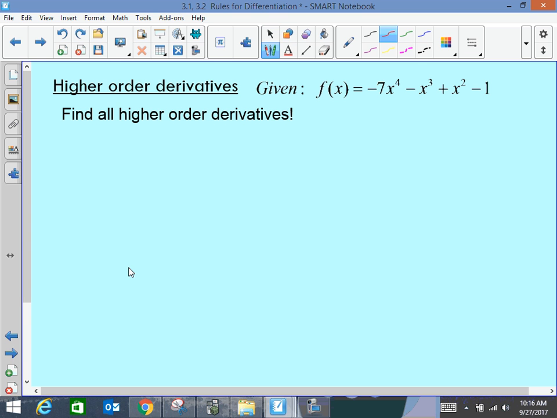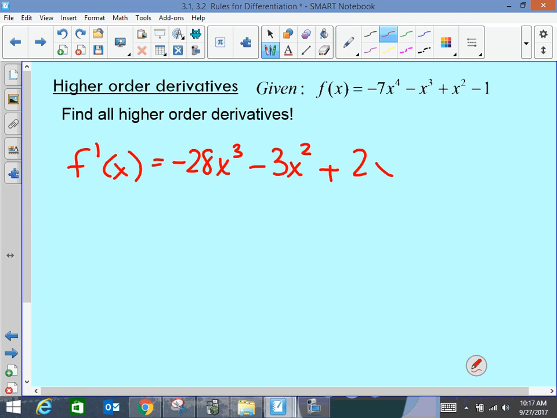All right. I'm ready for f prime, Kara. It's been a long time turning the page. She's always got it. I'm scared. Wait, if I be like, -28x cubed minus 3x squared plus 2x. That's beautiful. Okay?